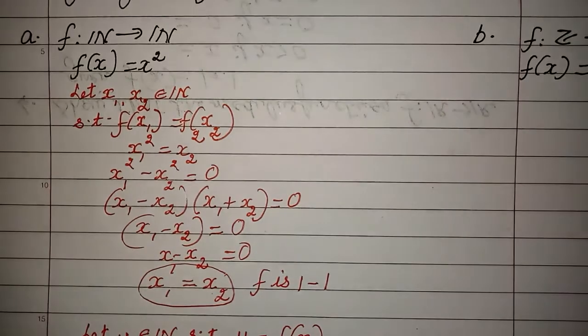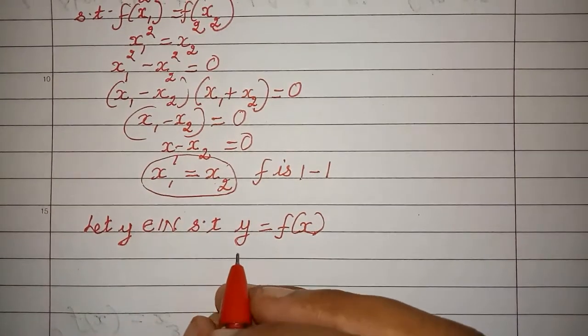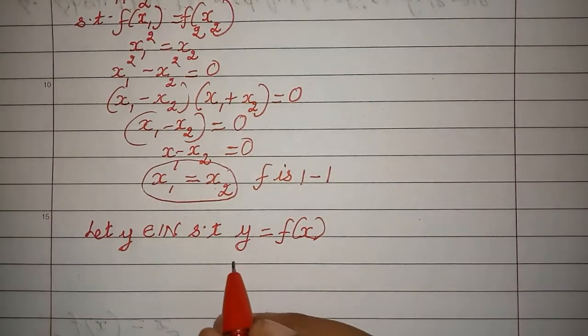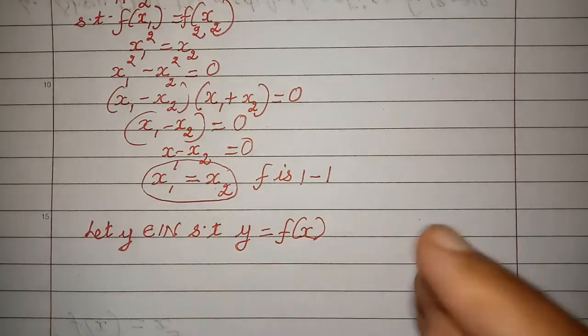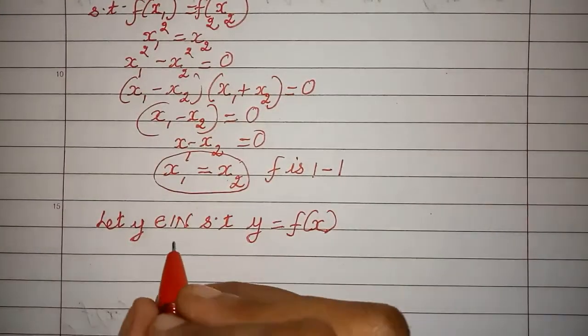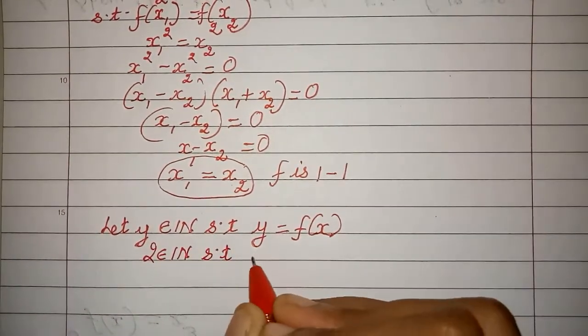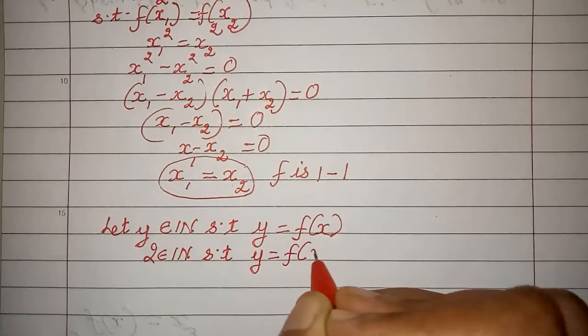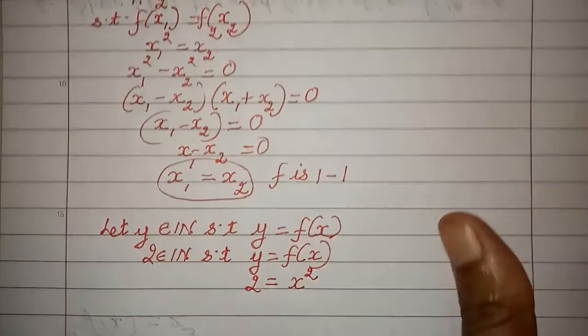Okay, so if I see here children, suppose I am going to take an element, say 2, belonging to natural numbers such that y is equal to f of x. So this time it will become 2 equal to x square, because f of x is x square.